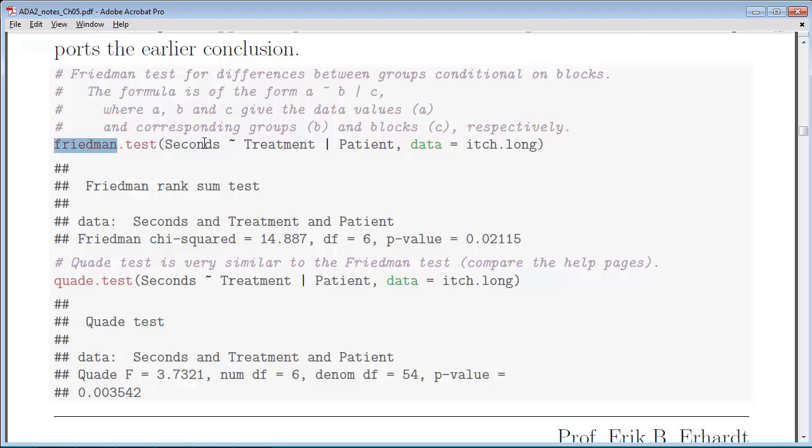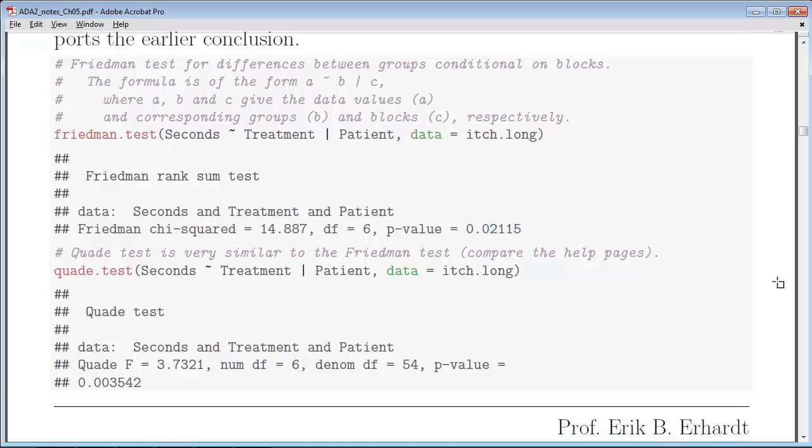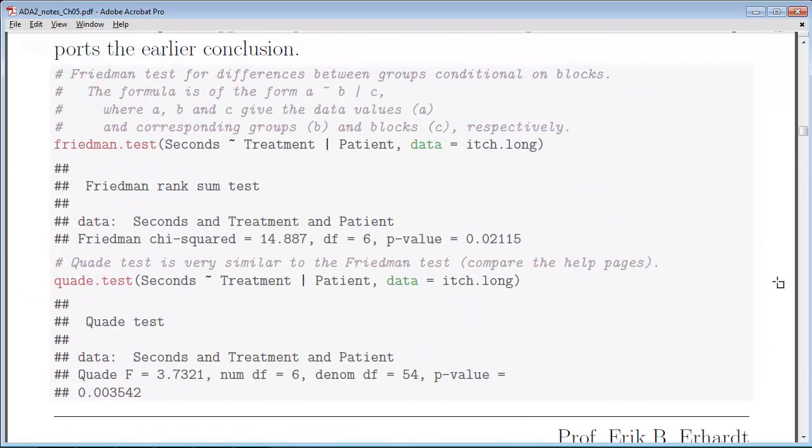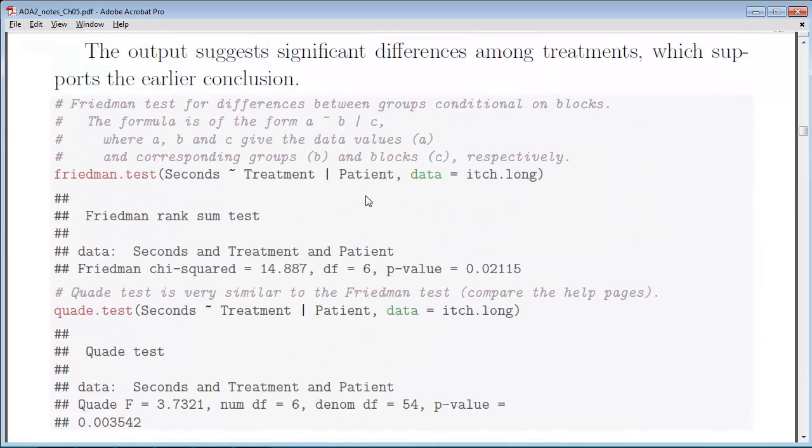So we're interested in testing whether treatments are different conditional on patients, or by patient. So this is a way of controlling for the patient effect and asking whether treatments differ. And here we get a chi-square statistic and a degrees of freedom, and this says, yes, there are differences here between treatments. And then you'd need to do a follow-up here to ask which pairs are different.